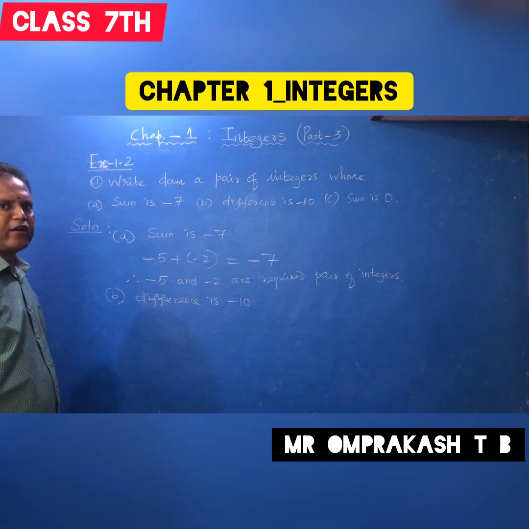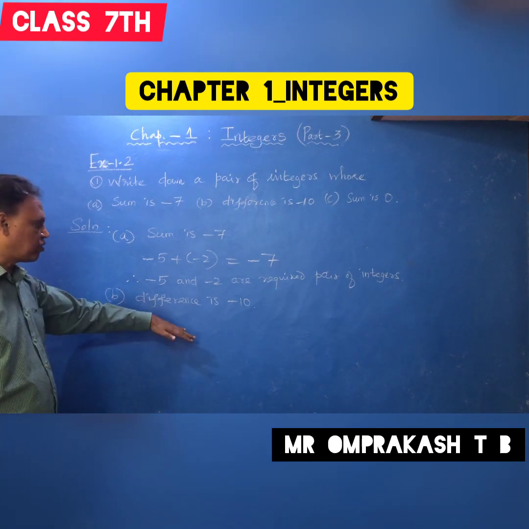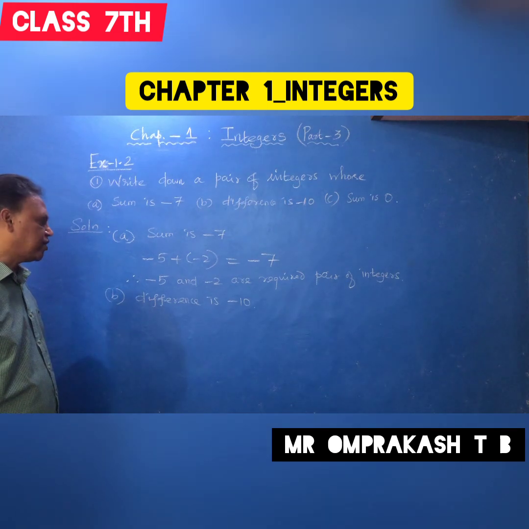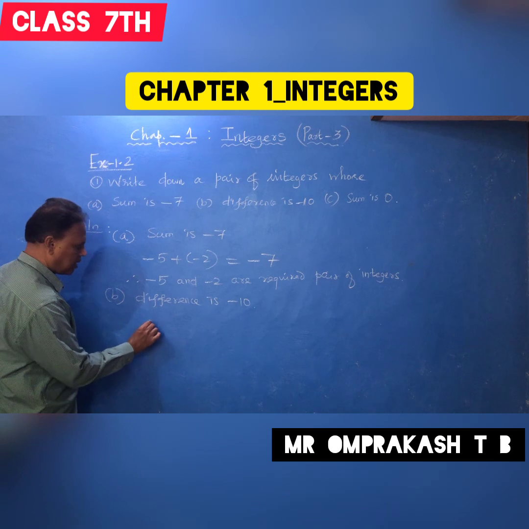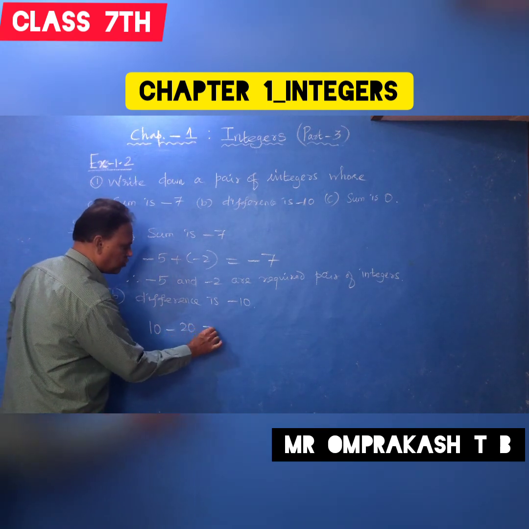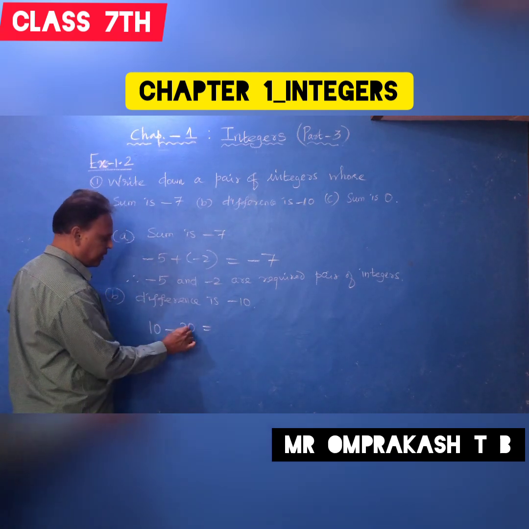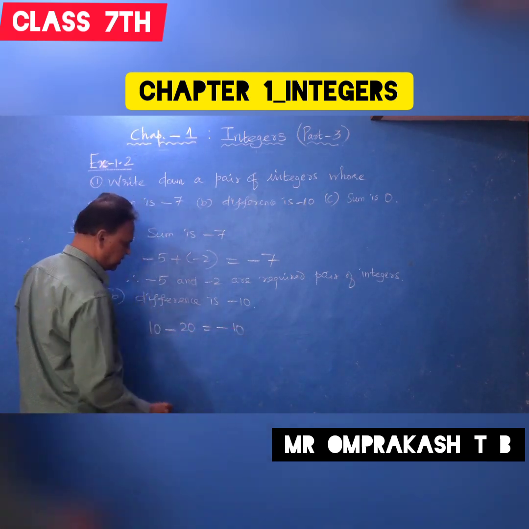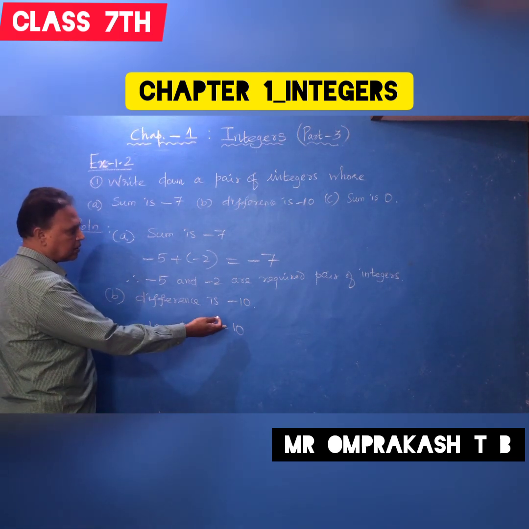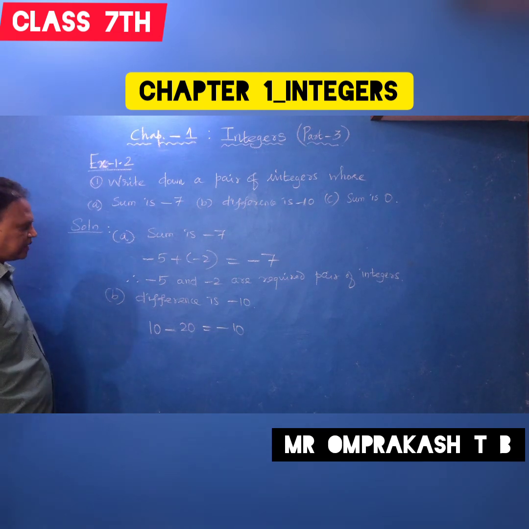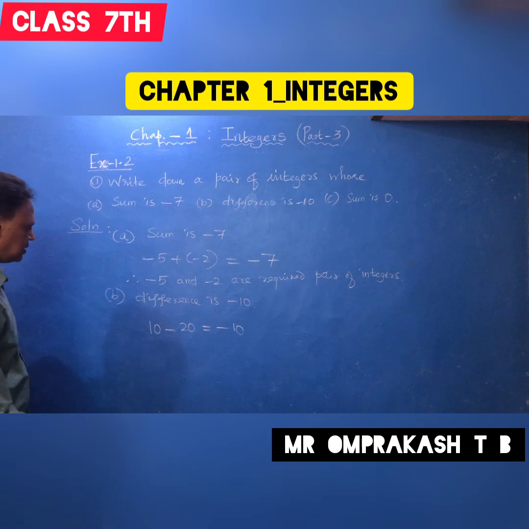Difference is 10 minus 20, so minus 10 you will get. 10 minus 20 is how much? 10 minus 20 is minus 10. Okay. Therefore, 10 and 20 are the required pair of integers.